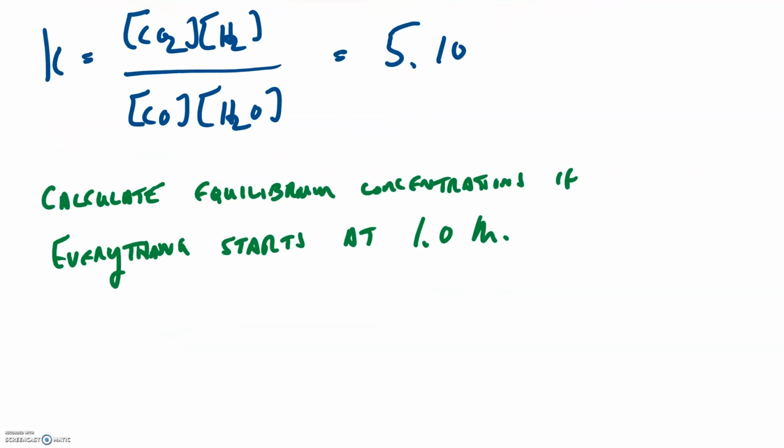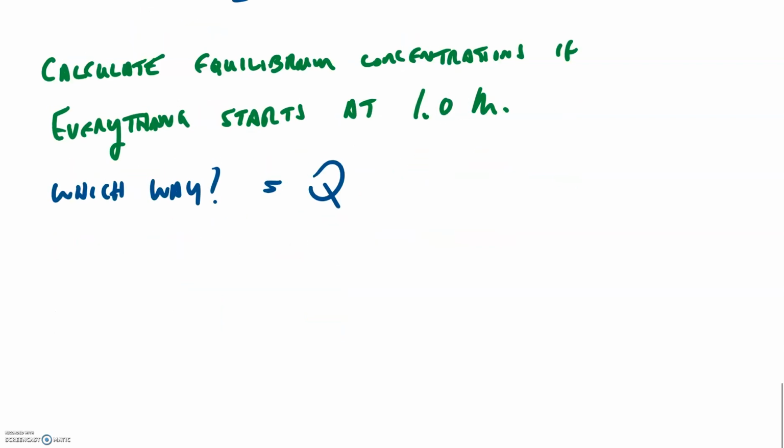So what we want to do is figure out which way this reaction is going to go. And the way we find that out is by calculating Q, the reaction quotient. So for this particular reaction, Q is equal to the initial concentrations of everything.